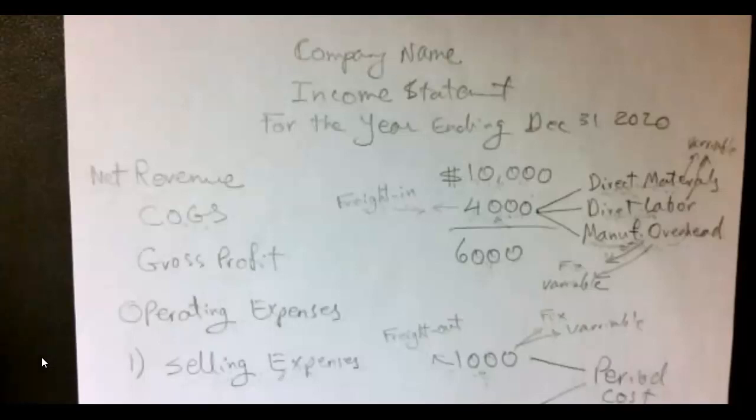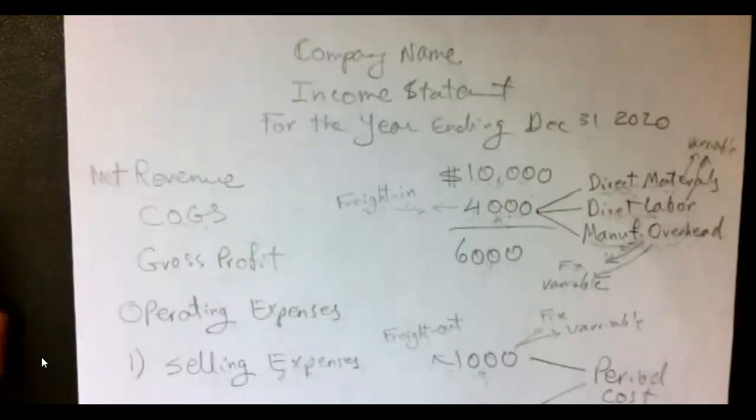And in financial accounting 101, they told you that the cost of goods sold is $4,000. By knowing that, you were easily able to make this financial statement: net sales is 10,000, cost of goods sold is given as $4,000, and then gross profit is 6,000. That's why we have a gross profit of 6,000.